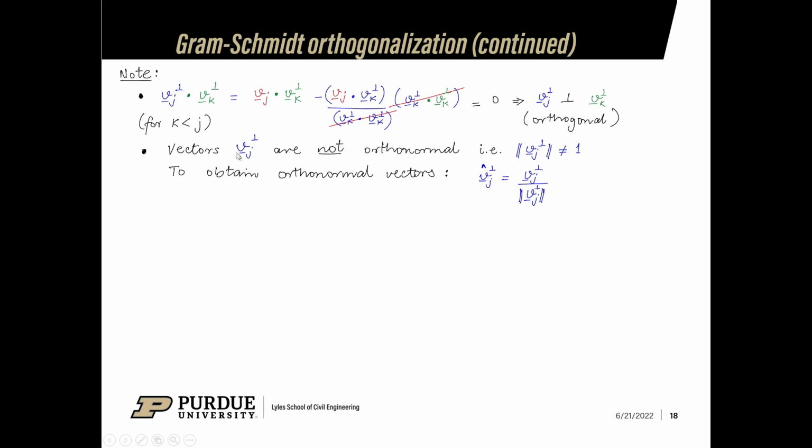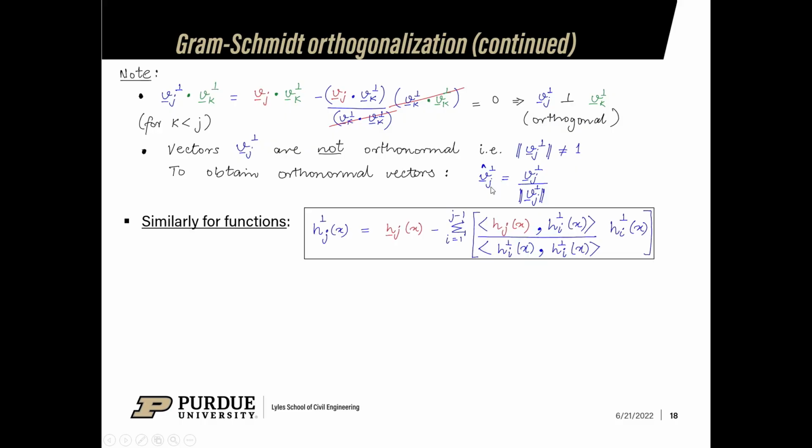Another thing to note is that these prime vectors that we created are not orthonormal, but they are orthogonal. If you want to make them orthonormal, we simply divide them by their magnitude, and we get orthonormal vectors. The same idea can be extended to functions.